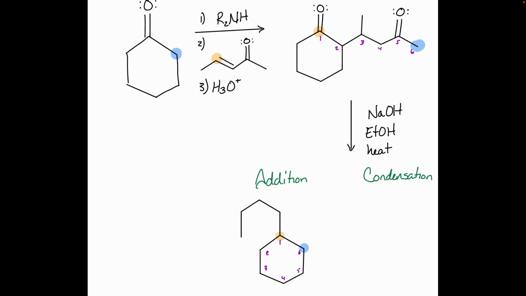And again, if you look at the numbering of my reactants, you can see that it should connect to carbons 1 and 2. I also need a methyl group off of carbon 3 and a carbonyl group off of carbon 5. Whoops.